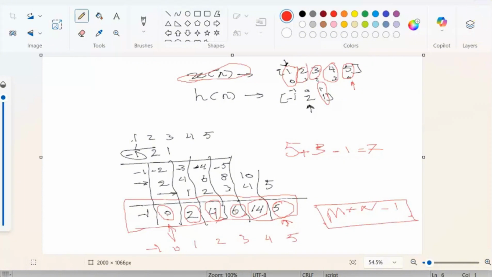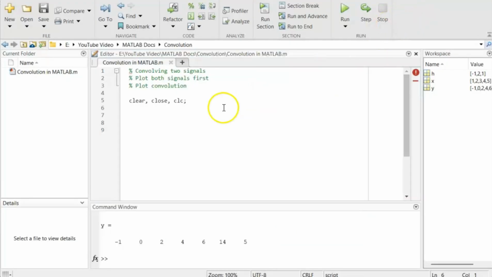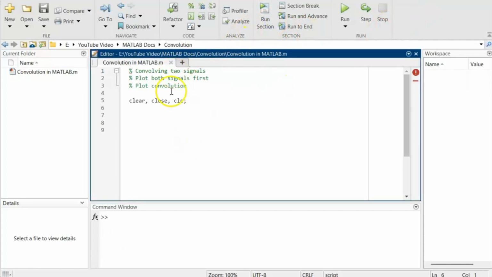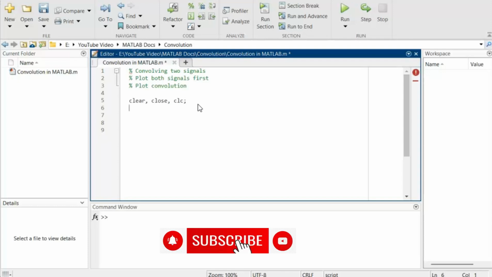All right, so now let's see how we can do exactly the same thing in MATLAB. I'm using a built-in function in MATLAB, so it's pretty easy. There is a function in MATLAB that you can use either in your project or to check your answer.